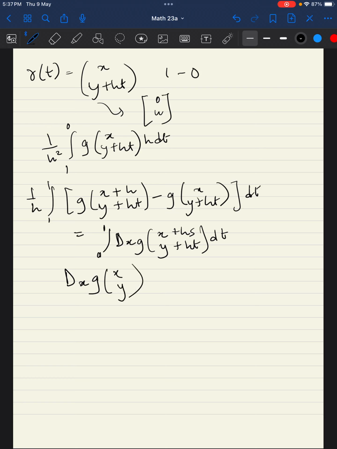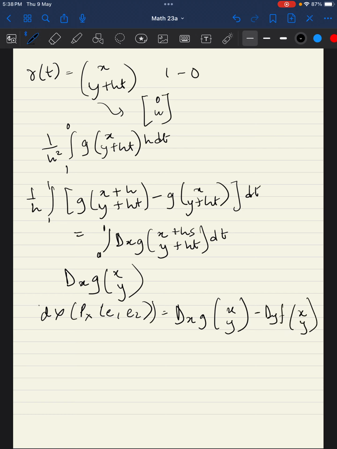So now we can combine all of these things that we did. I don't know why I just wrote a del instead of d. Calculating the exterior derivative d phi of e1, e2 is equal to dx g of x y minus dy f of x y.